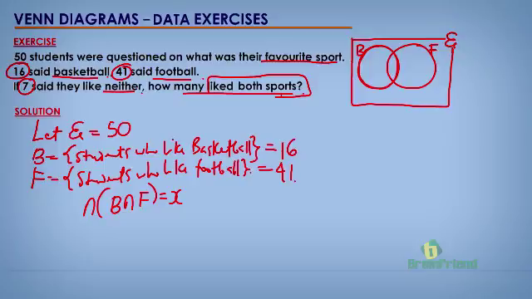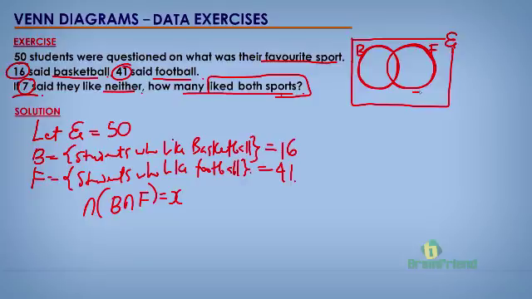But remember that 7 are said to like neither sport. Neither would mean that they would be outside of the borders of both the set that represents basketball and the set that represents football, but still within the borders of our universal set.